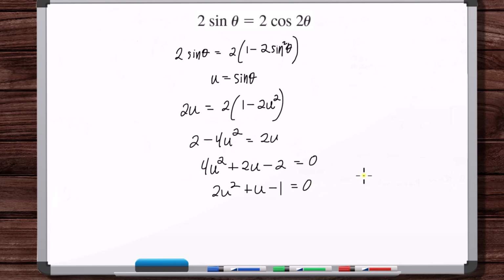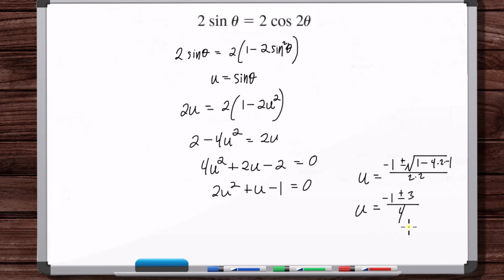So u is equal to minus 1 plus or minus the square root of b squared minus 4 times 2 times minus 1, all over 2 times 2. 1 plus 8, so that's going to be the square root of 9. So we could do minus 1 plus or minus 3 over 4.